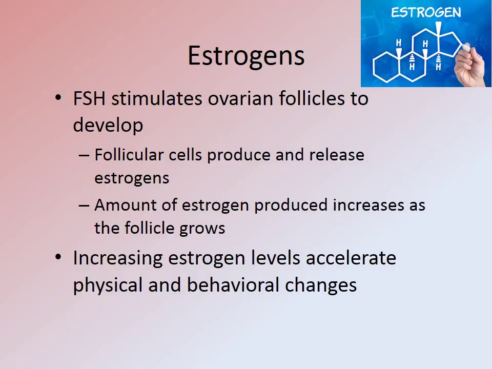That increase in estrogen will make the blood estrogen level go up, and the pituitary gland is going to realize that and stop production of FSH and start the production of LH, which is going to cause that follicle to finish its maturation, rupture, spit out the egg, and then a CL body is going to be produced. Increasing estrogen levels accelerate physical and behavioral changes as well.